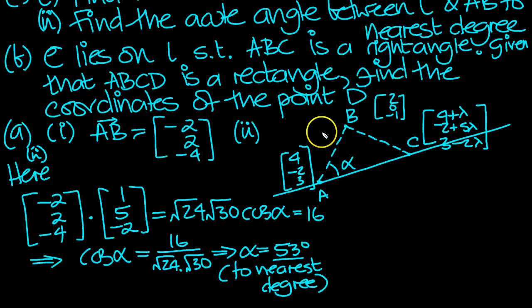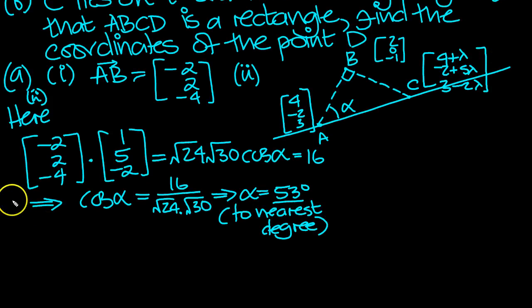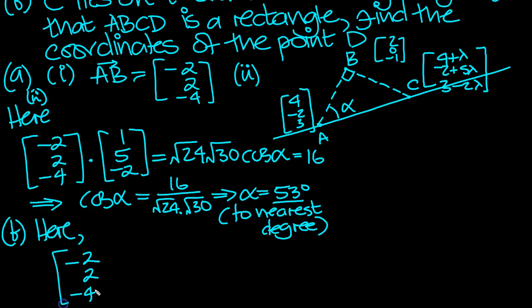And we know this vector is perpendicular to this vector. If we put that in, we'll be able to work out the value of lambda. So this vector AB, -2, 2, -4, dot product with this vector BC.